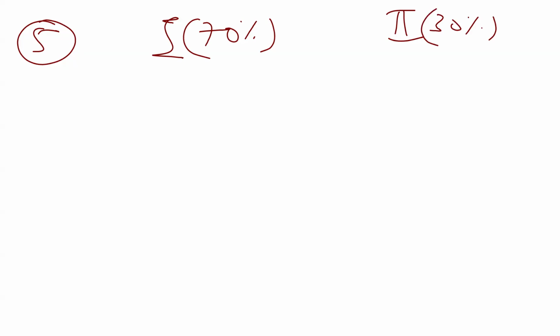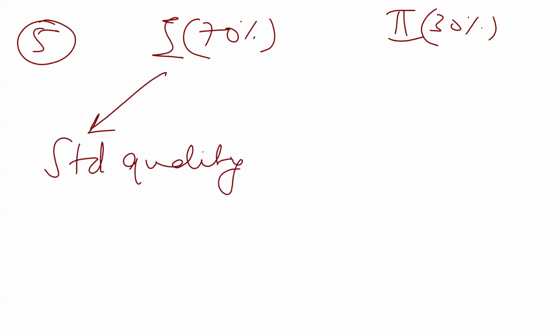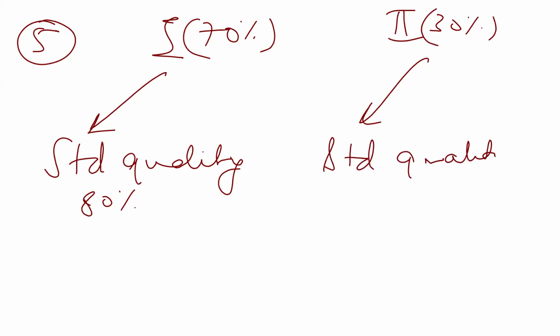Okay, from plant one, standard quality scooters are 80%, and from plant two, standard quality scooters are 90%. A scooter is picked up at random and found out to be standard quality.